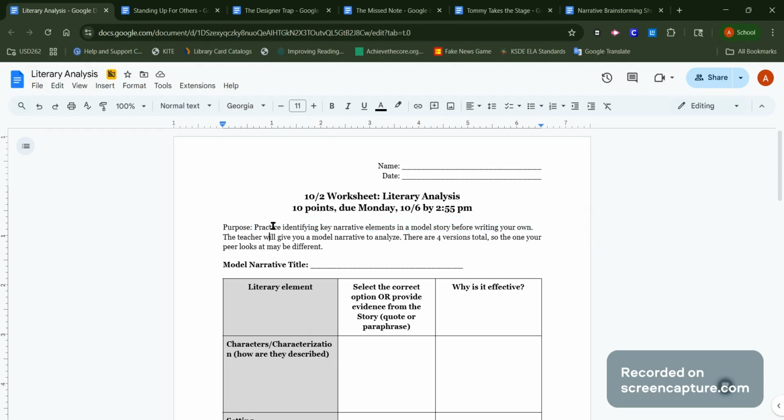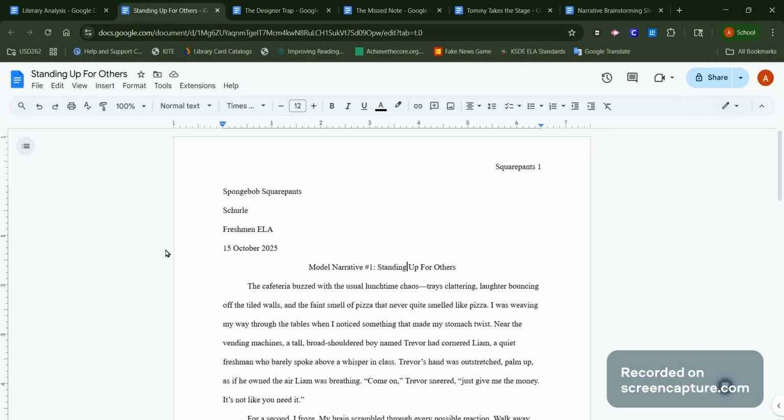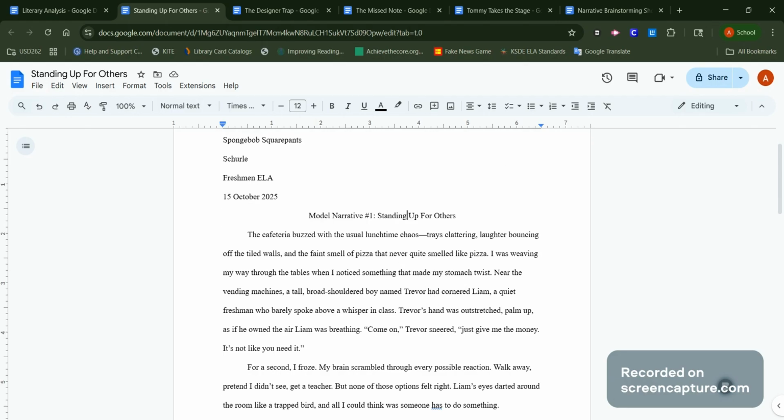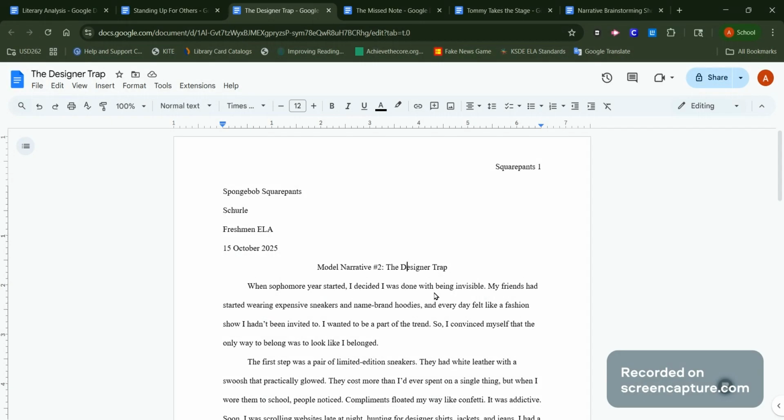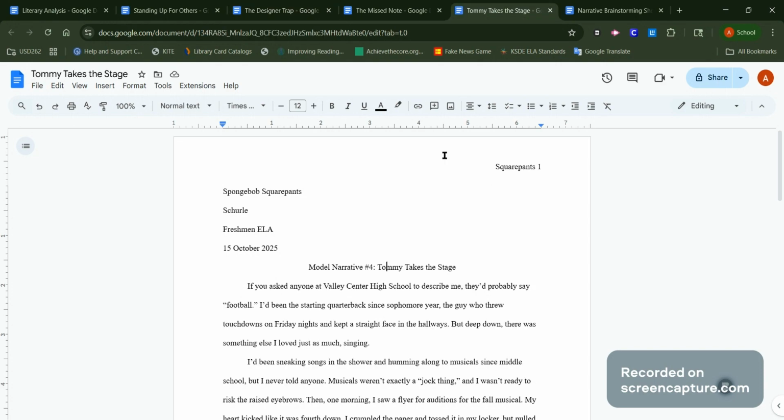So in order to do that, first we're going to look at some example narratives. Here at the top, I have a total of 4. You are only going to be given 1. So the substitute will have a pile of these example model narratives, so you might get 1, 2, 3, or 4.